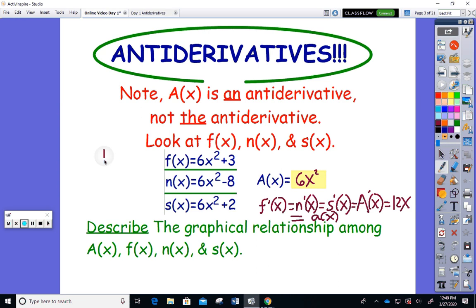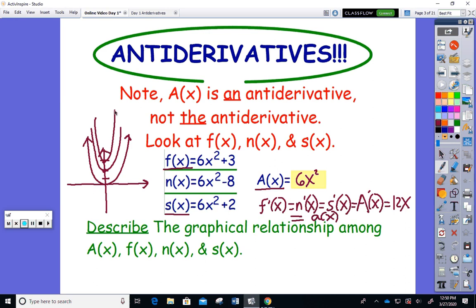Well, if you start to graph each antiderivative, let me graph a of x first. Well, 6x squared is just a tall, skinny parabola whose vertex is on the origin. Well, then if I look at f of x and s of x, those are the same parabola, except in one of them I might have the vertex at 2, and in the next one I have the vertex at 3.